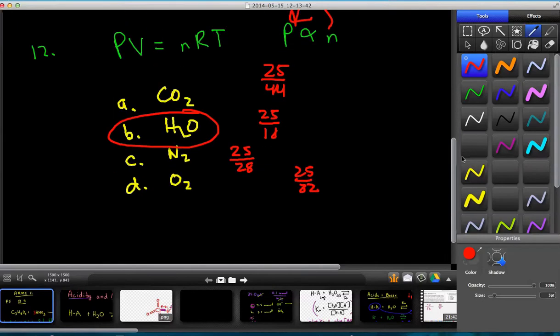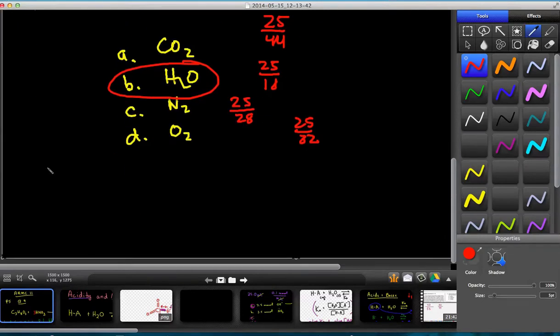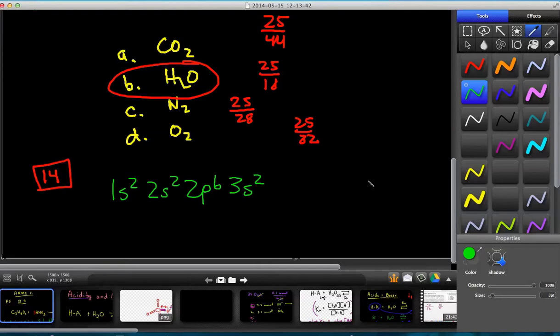All right, so moving on to number 14. This is an example of one I do not want you to miss ever. Magnesium is 1s2, 2s2, 2p6, 3s2. If you ever have any questions about that, just look at the periodic table. So you've got hydrogen, and on the other side you have helium. And you have lithium.